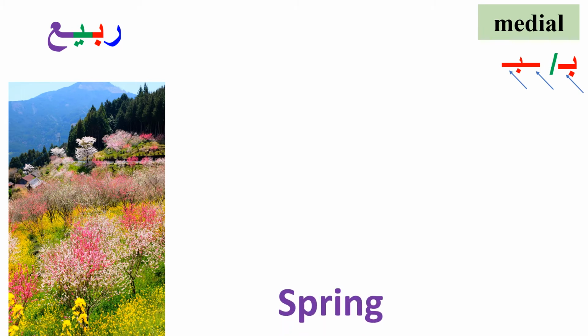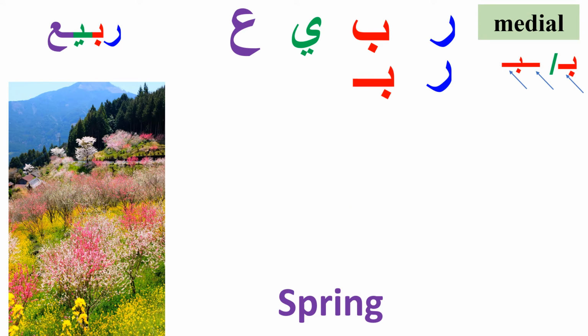We'll do exactly the same. We will have our individualized, isolated letters first. Then we show how they connect. So the R sound never connects with the following letter. So it will remain in its initial shape. The ba will extend a little bit so that it connects with the following letter, which is al-ya.